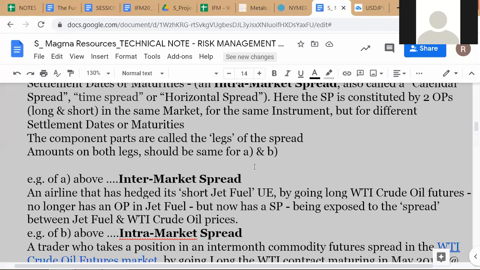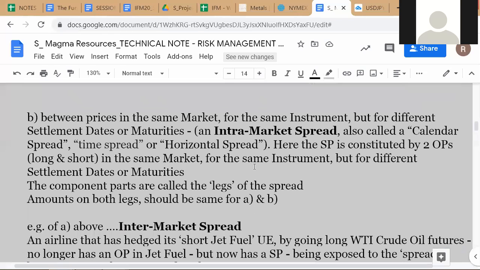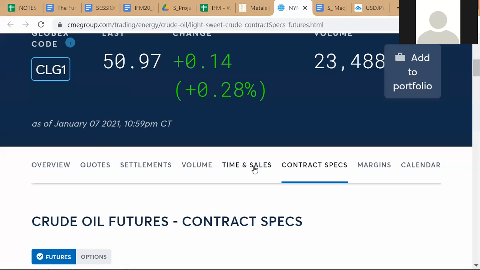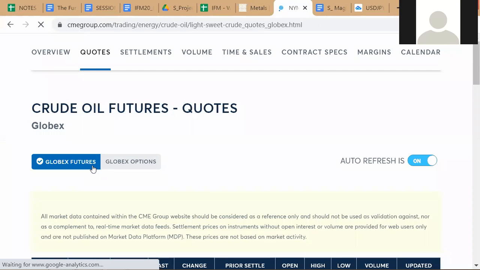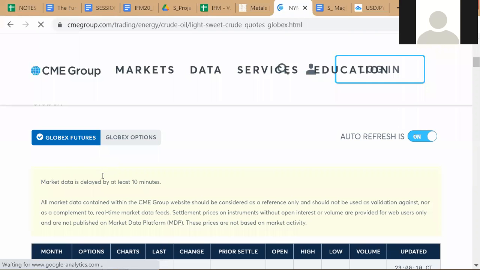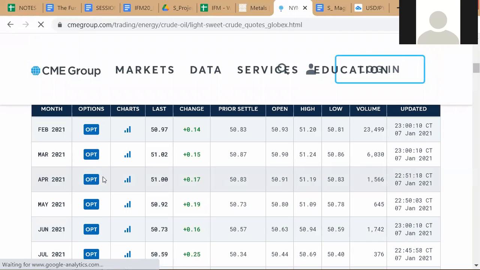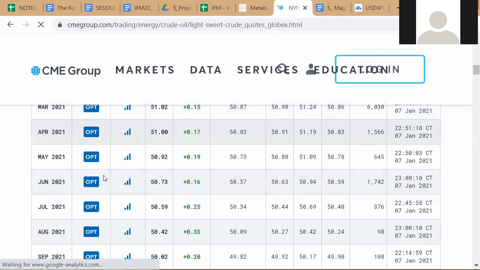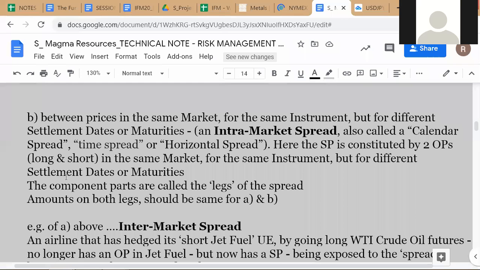Let's show you one example of an intra-market spread first. Intermarket we already looked at. Okay, so an intra-market spread would sometimes also be called, as we said, a calendar spread, time spread.